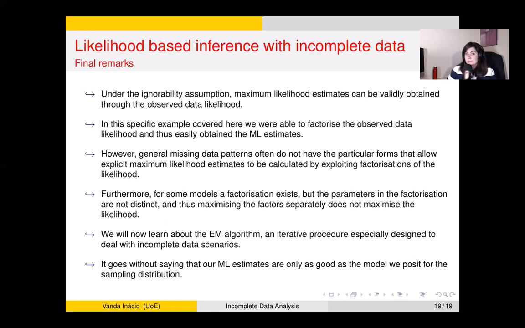This is not a problem specific to incomplete data, but the model that we specify needs to agree with the data that we have. So even if we are able to maximize the likelihood of the observed data, if our model is not well specified, it doesn't matter. Even if data is missing completely at random, we will have estimates that are biased and not valid.